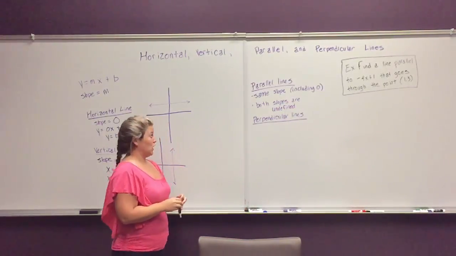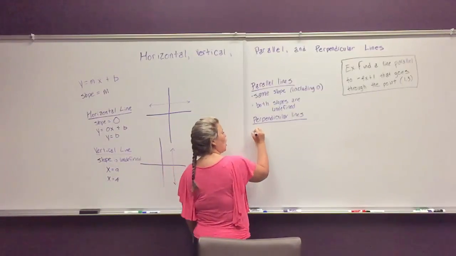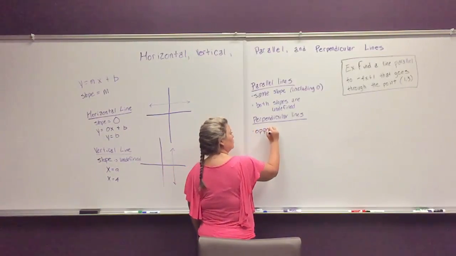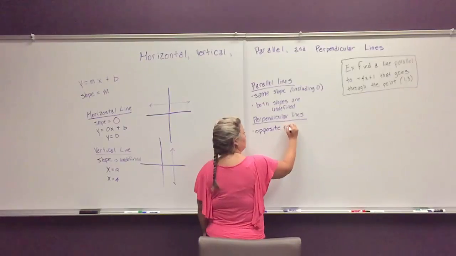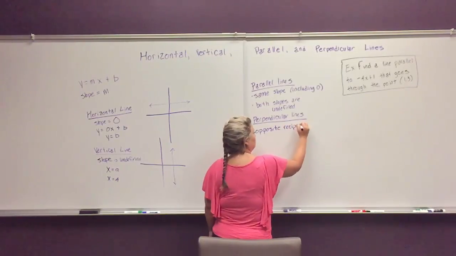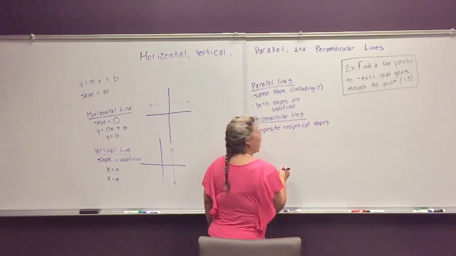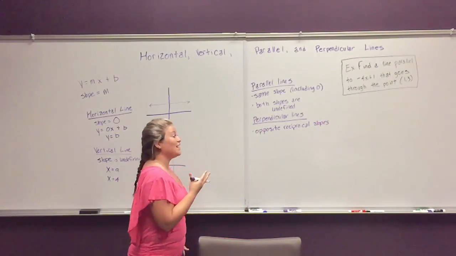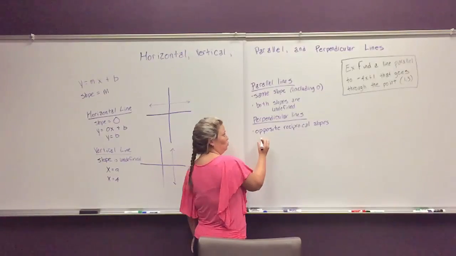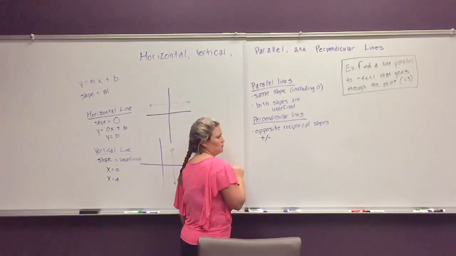Then perpendicular lines have what we call opposite reciprocal slopes. Opposite meaning opposite in sign. So by opposite, I mean one has to be positive and one has to be negative.